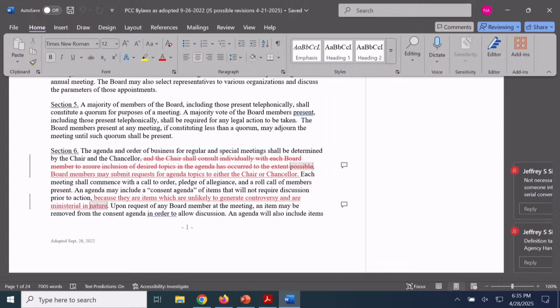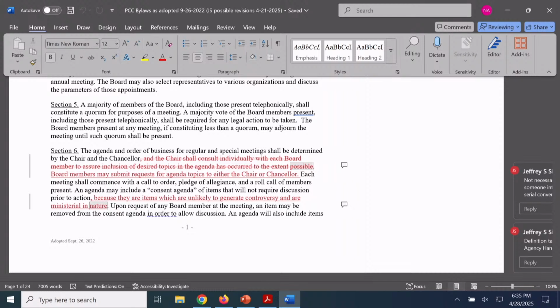Now, that could happen without violating the open meeting law, because if the only question the board chair and the board member had was, is there a topic you want on the upcoming board? Yes, it's topic X, and there was no more conversation after that, it would be fine. But if the board chair then had a conversation with the next board member about that conversation, now we have an open meeting law problem.